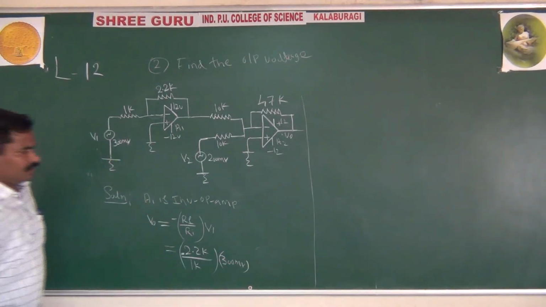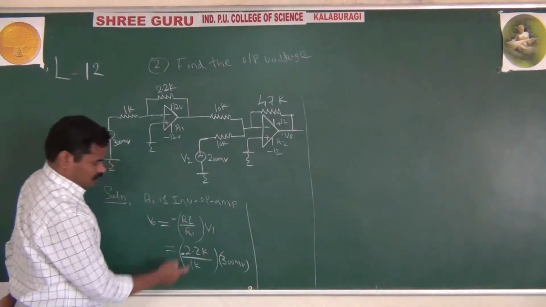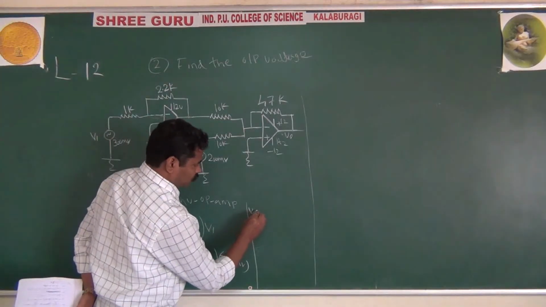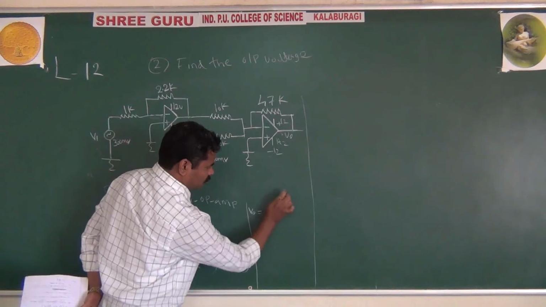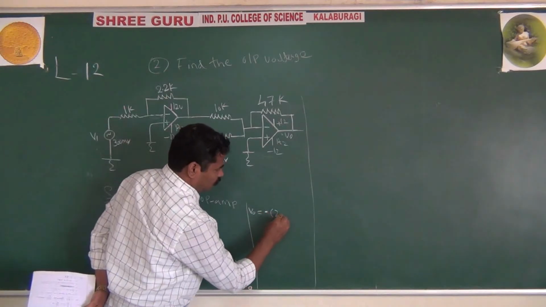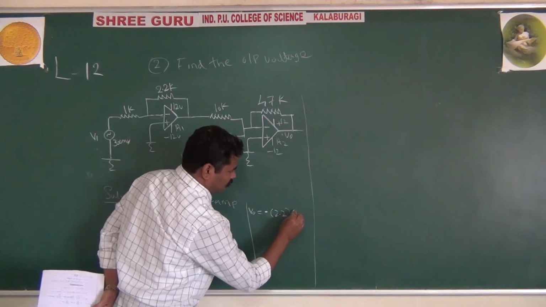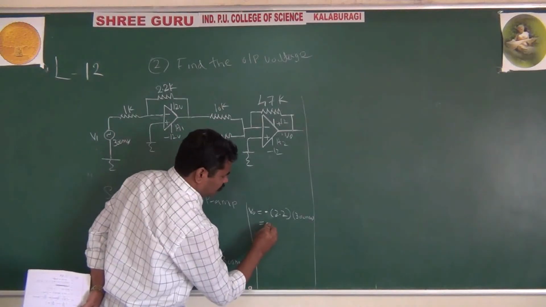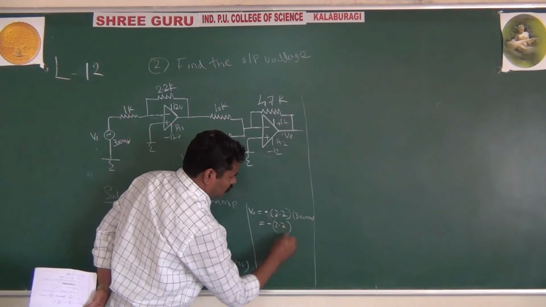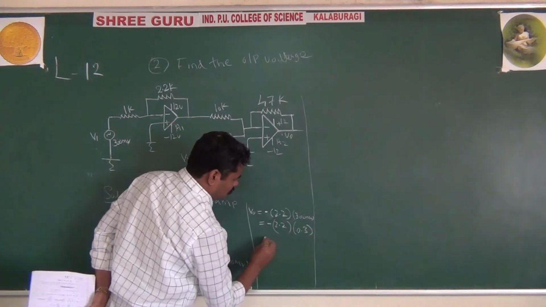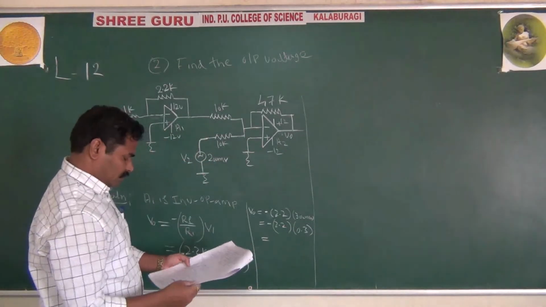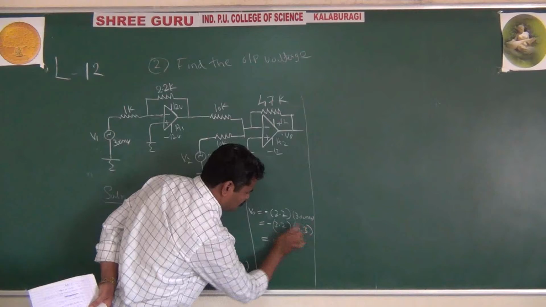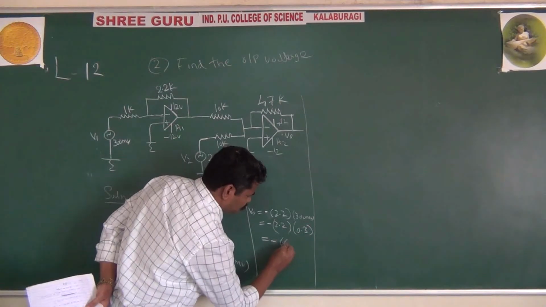We can simplify it. 2.2 divided by 1 is 2.2, so V0 equals minus 2.2 into 300, or you can write 0.3. You can write minus 2.2 into 0.3. We may get the answer 0.66, or you can write minus 660 millivolts.